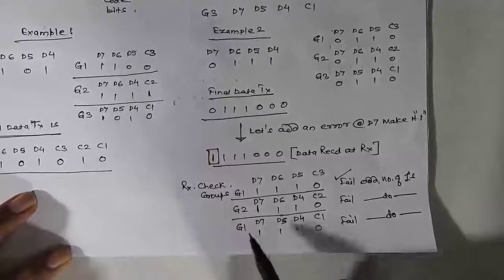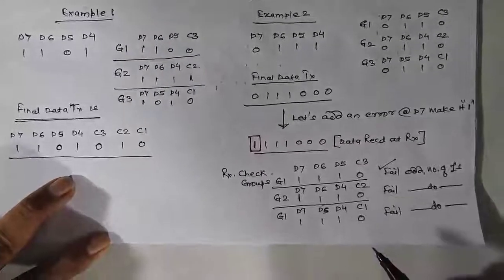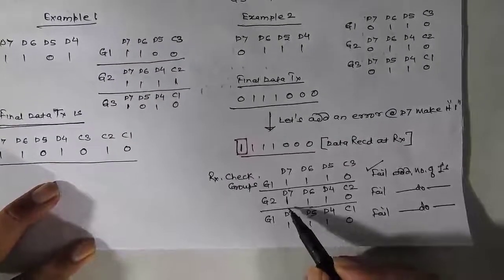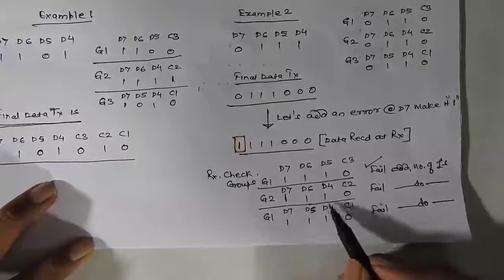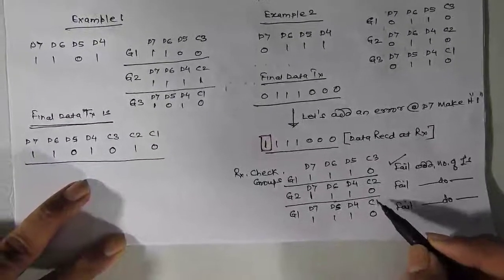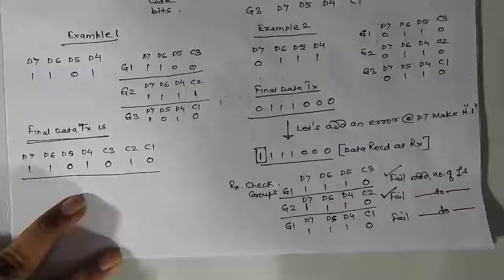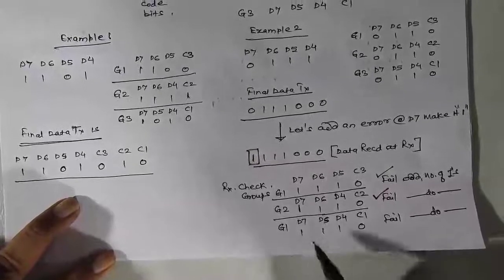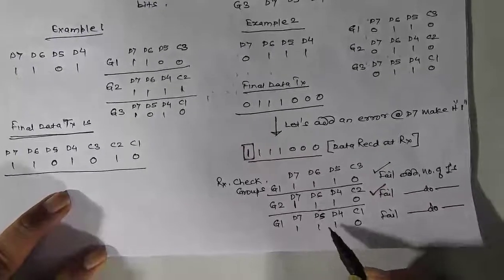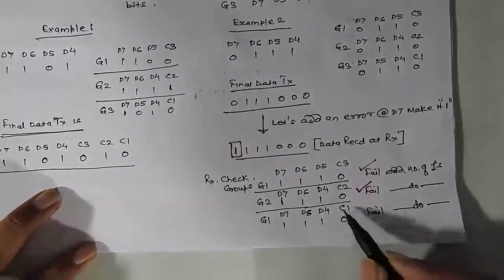Then it will check group 2: D7, D6 and D4. Again D7 has become 1. So this has an odd number of ones, but C2 is 0. We are getting an odd number of ones, but we should get an even number of ones. So this group 2 test also fails. Let's go to G3: D7, D5, D4 and C1. Again 3 ones, odd, but C1 is 0.